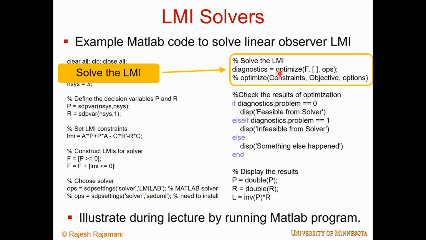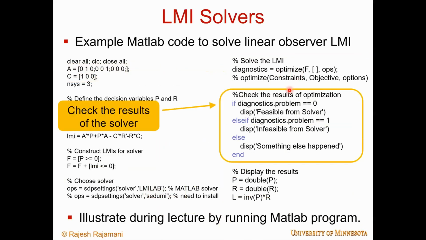This is the code that basically calls the LMI solver and finds the solutions. This is where you're checking for the results of the LMI optimization. So if your LMI is feasible, if you're able to find a solution to the LMI, you'll get diagnostics.problem equal to 0.